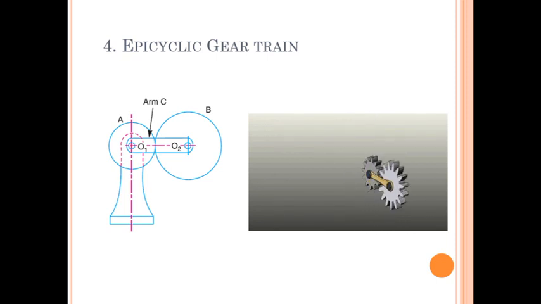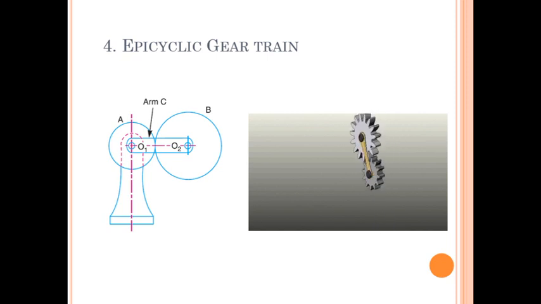In that animation you observe that, suppose the smaller gear is A and the larger gear is B, gear A has a fixed shaft, whereas gear B is rotating around gear A with shaft O2. Another combination may be like this: the O2 shaft will be fixed and the O1 shaft is rotating around the O2 shaft. This case is also possible in an epicyclic gear train.